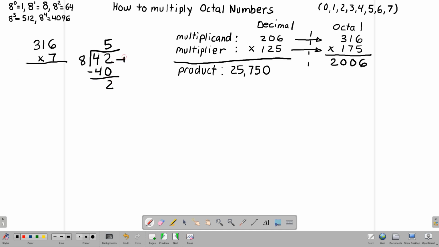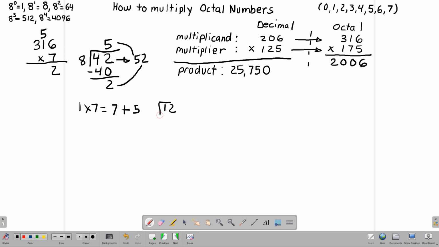So what this says is that the value 42 is represented in octal by the value 52. So 2 goes here, and then we carry the 5. So then our next computation is 1 times 7, which is 7, but we have to add the 5. And of course 7 plus 5 is 12.